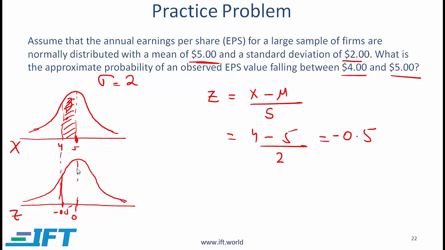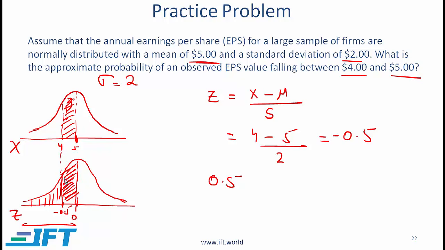Now we need to find this probability. What we know is that the total probability up till 0 is 0.5. So we need to subtract this probability from 0.5 in order to come up with the probability of being between minus 0.5 and 0.